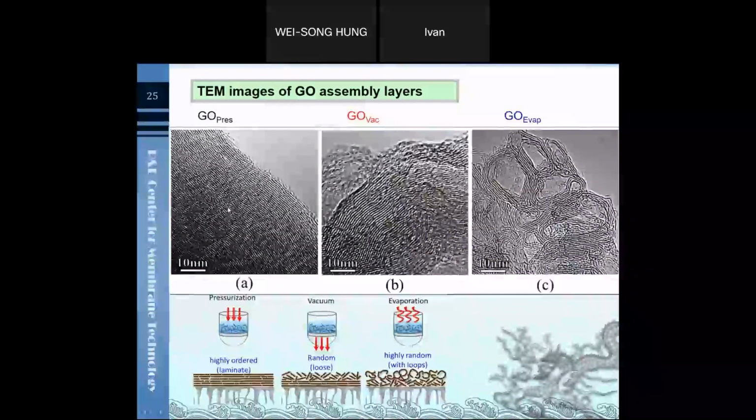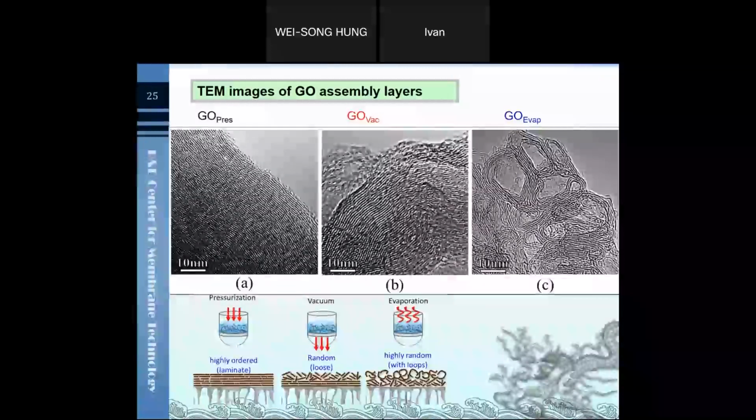From the TEM result, TEM is a really tiny-scale technique to determine the graphene oxide layer. We can find that with the pressure-assisted method, the graphene structure is a highly ordered laminar structure. The result is because the pressure does not change during the assembling process.